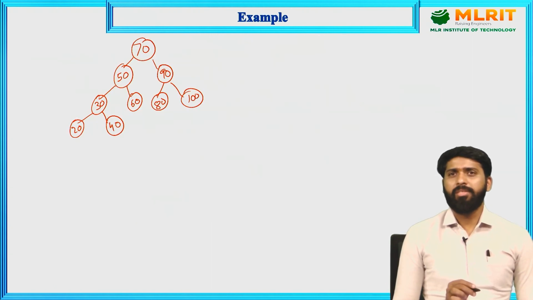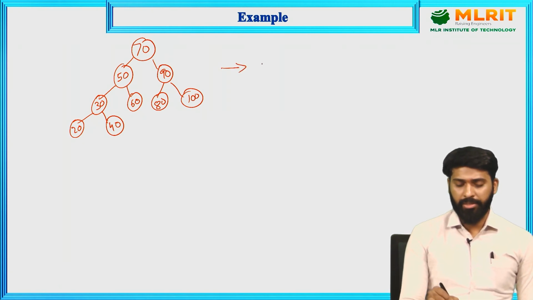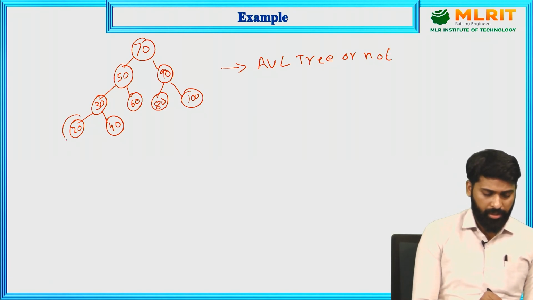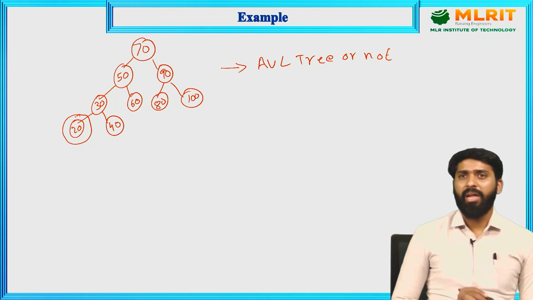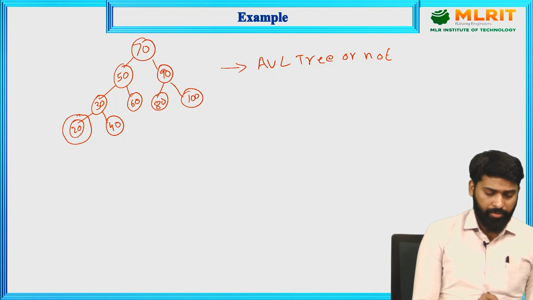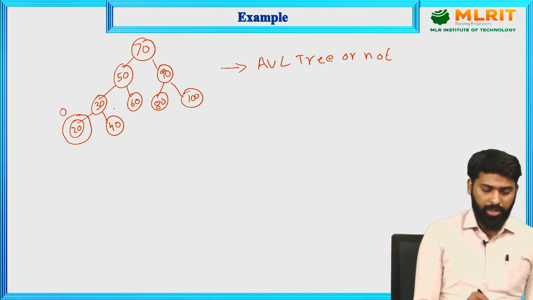Consider this example. Check whether this tree is an AVL tree or not. How can we check? Start from the leaf nodes and find the balancing factor. For 20, there is no left and right, so it is 0. For 40, 0. For 30, left is 1, right is 1, 1 minus 1, 0.